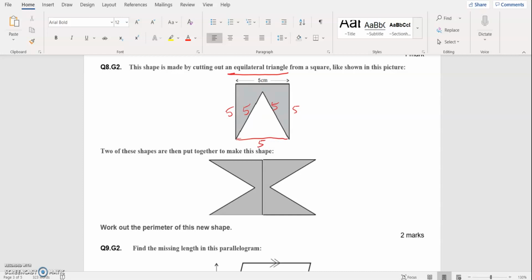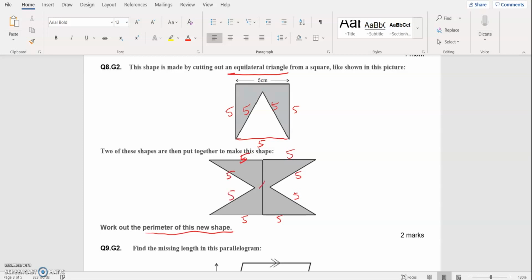So this is going to help us work out the perimeter of the new shape, which is made of the two shapes put together. So we have this being 5, 5, 5, 5, 5, 5, 5, 5.